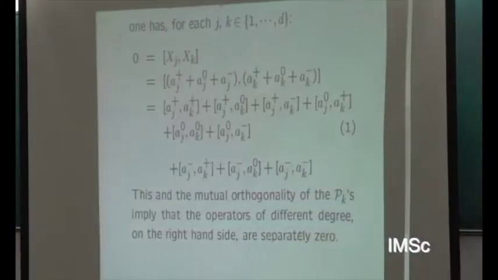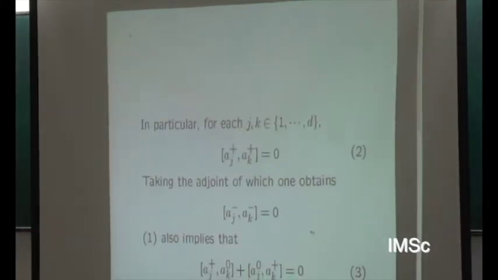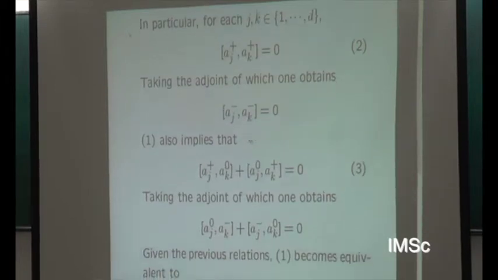And these are the commutation relations, because I separate the homogeneous terms, and I find that the creator commutator is 0. This implies that the annihilator commutator is 0, because I take the adjoint. Then there is this commutation.